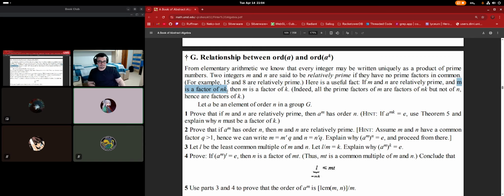So if m is a factor of k, then it can be a factor of n times k, even though it's not a factor of n. No, but that's the thing, Marinho: if you factor out m and n, they won't have common primes. But m can be described in terms of n. No, it can be described in terms of n times k. Yes, there is a constant there, but this makes perfect sense.